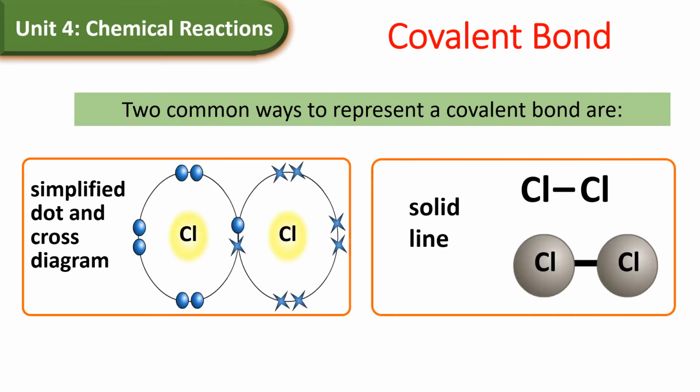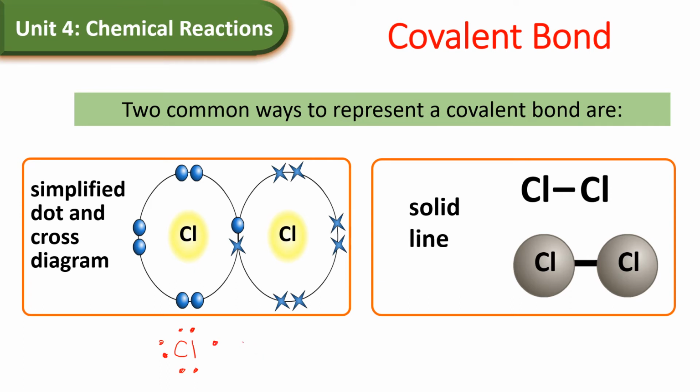So how do we write the covalent bond structure? There are two ways. Number one is by using your Lewis dot diagram. Do you still remember your Lewis dot diagram? In your Lewis dot diagram, you can do it like this: 1, 2, 3, 4, 5, 6, 7. Just move this one closer.